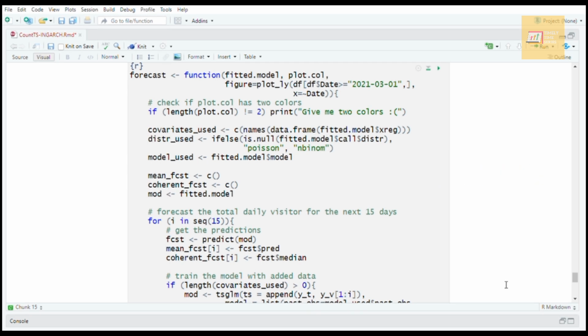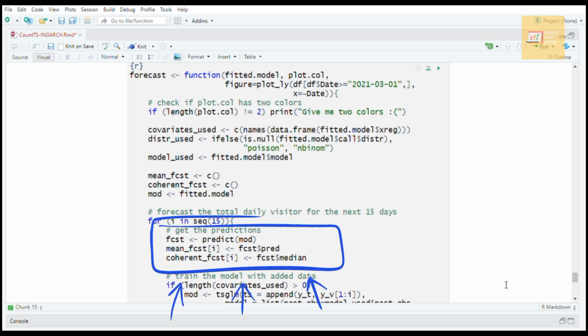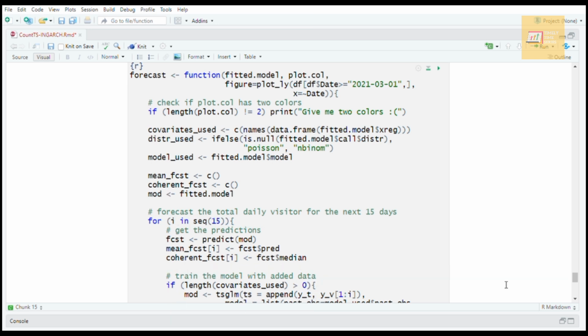So for the first iteration, I'm going to use all the data in the training time series to predict the next day's total visitor. And then I'm going to take the first value in YV, so that's the real data in the validation time series, and add that to our training.